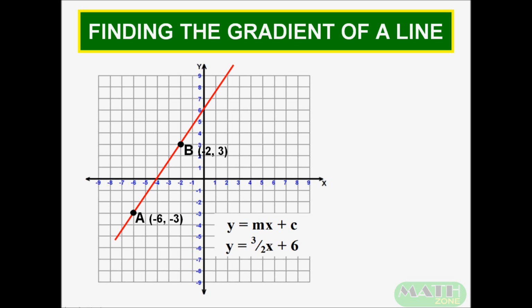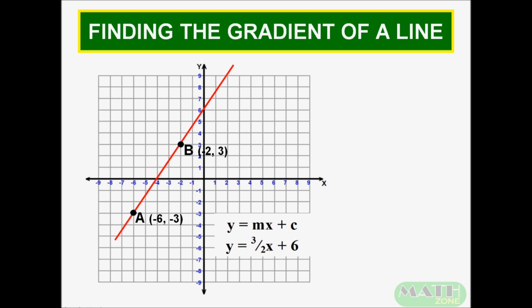We normally write an equation of a line in the form y equals mx plus c. As you can see here on your screen, y equals 3 upon 2x plus 6. Now, if we can recall, m is our gradient. Therefore, 3 over 2 is our gradient for this particular line.